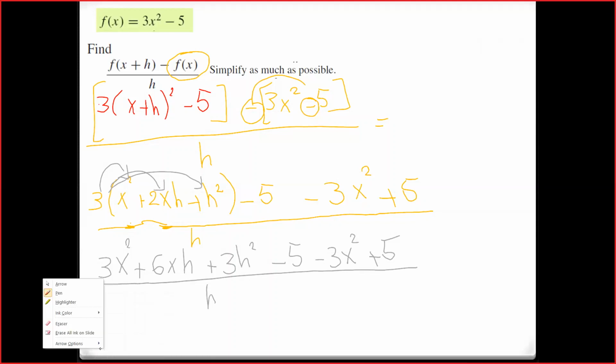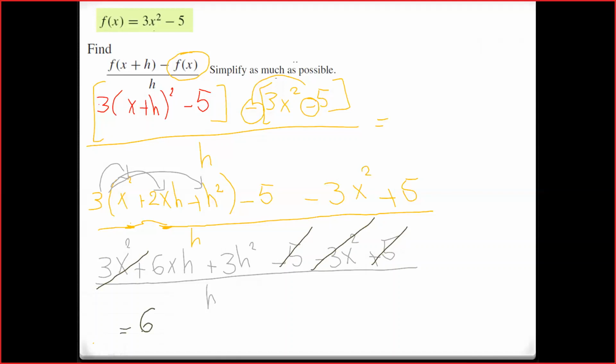Then 5 cancels negative 5, and 3x squared minus 3x squared cancel each other. So the result is 6xh plus 3h squared over h.